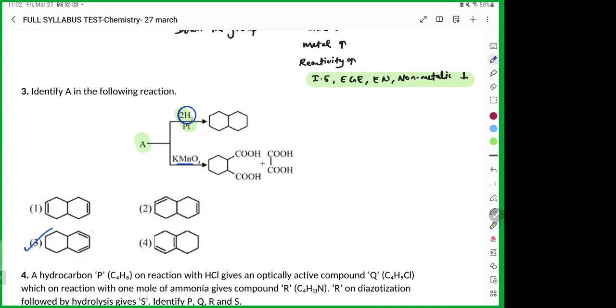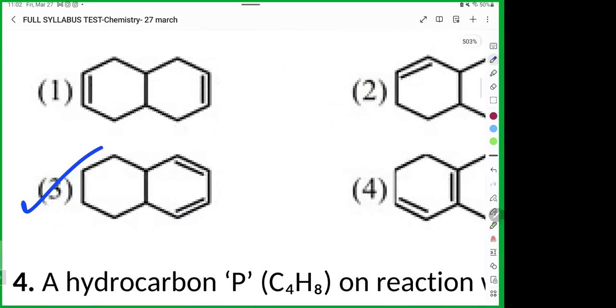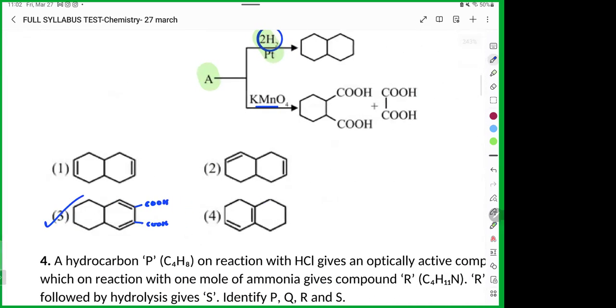For example, if you consider the third option, what will happen? This double bond will break and there will be COOH. Same, it breaks, there will be COOH, and along with that this will be removed. KMnO4 always adds COOH. But if you take this one, what will happen?